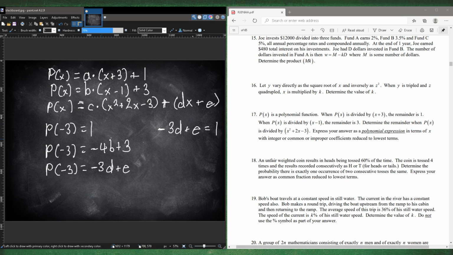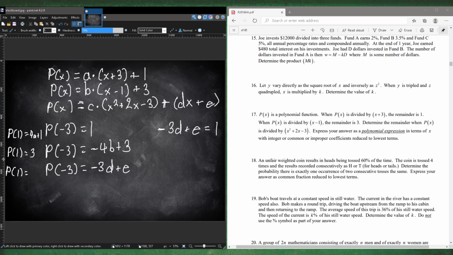And we could also do the same thing for when x is equal to 1, because we want to make this equal to 0. So p of 1 here is 4a plus 1, and then p of 1 for here is equal to just 3, and then for the last equation, p of 1, that's going to be 1 plus 2, which is 3. 3 minus 3 is 0, so c times 0 is 0.